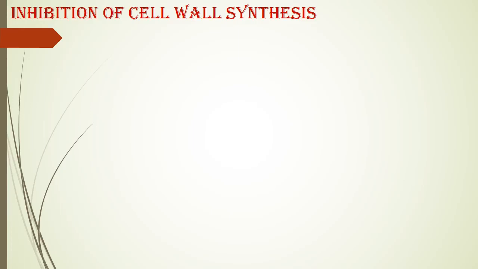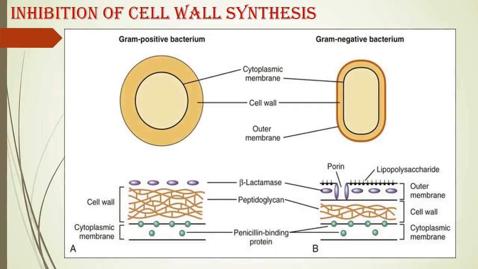ध्यान से सुनो, ध्यान से देखो. Now the mechanism is inhibition of cell wall synthesis. I just told you the human cell has the cell membrane as the outermost part.